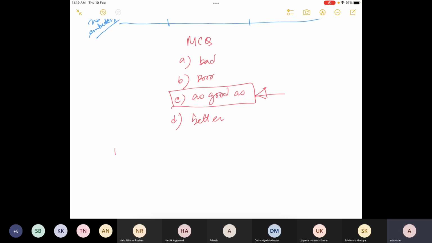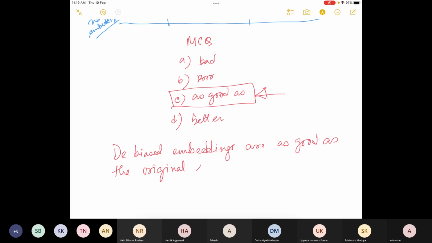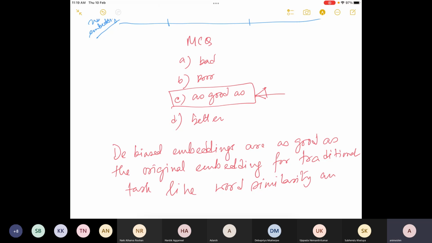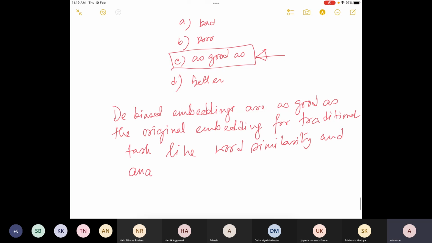Okay, so debiased embeddings are as good as the original embeddings for traditional tasks like word similarity and analogy.